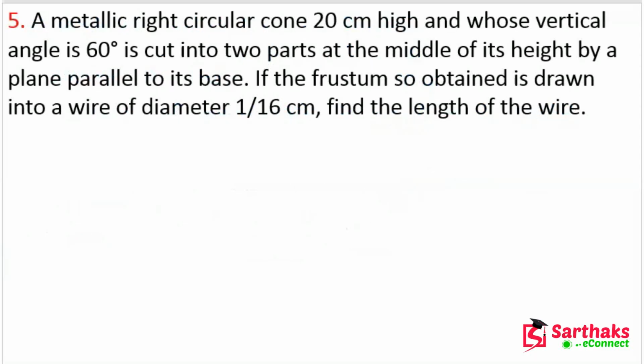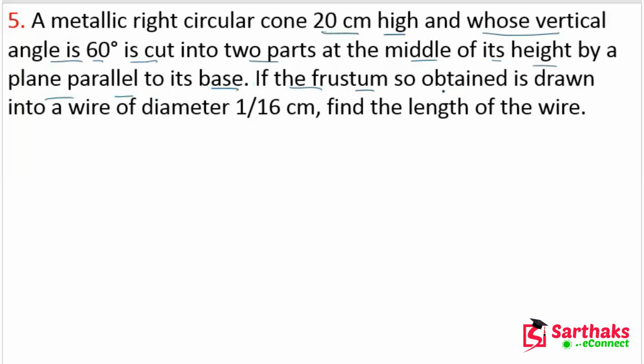A metallic right circular cone is 20 centimeter high, and whose vertical angle is 60 degree, which is cut into two parts at the middle of its height by a plane parallel to its base.